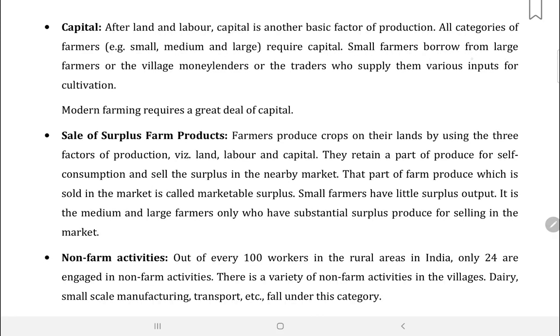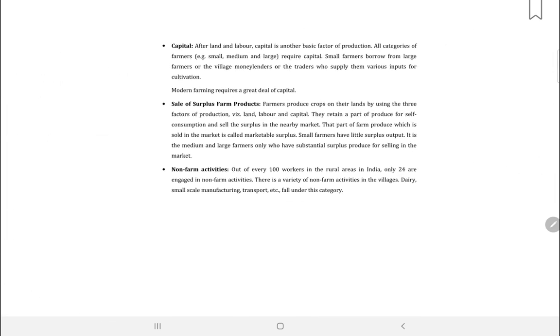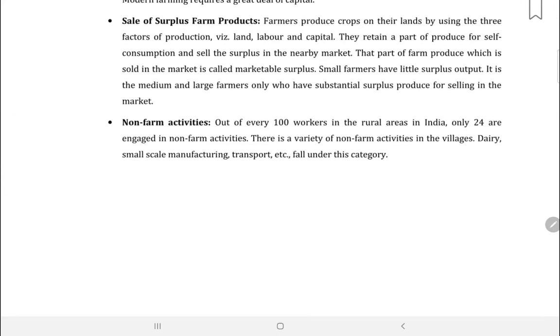Capital. This is a very important thing. Please concentrate on this topic. After land and labor, the most important thing is capital. First, for agriculture, you need land.